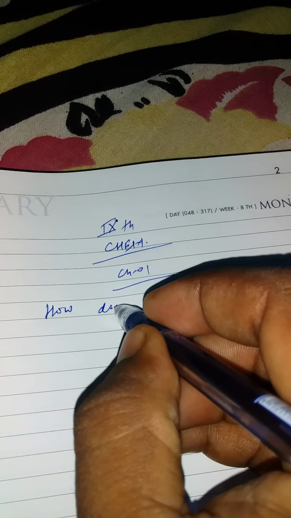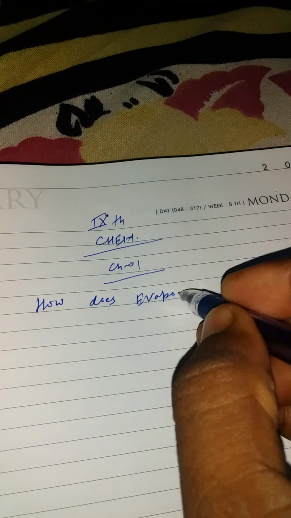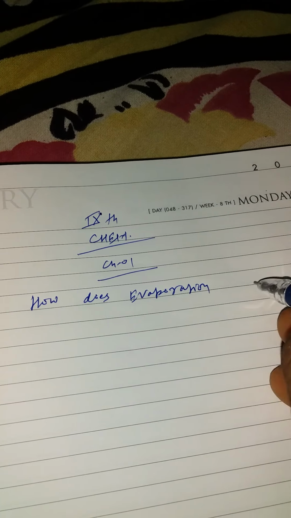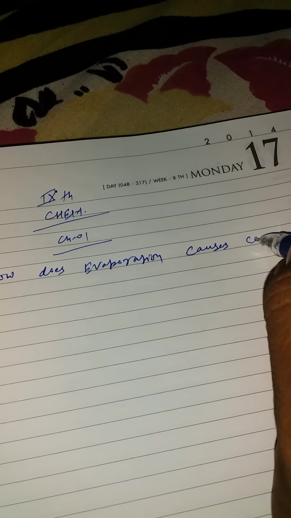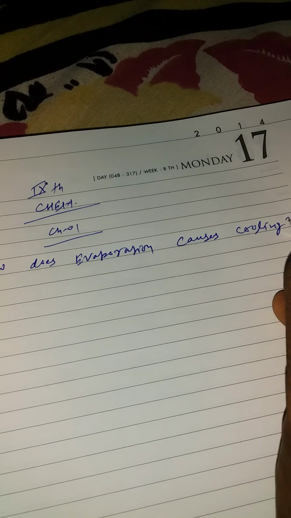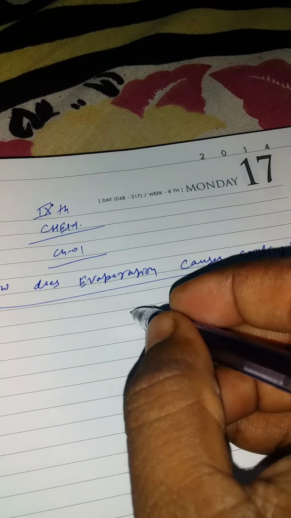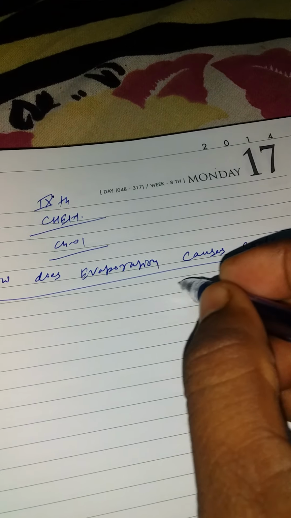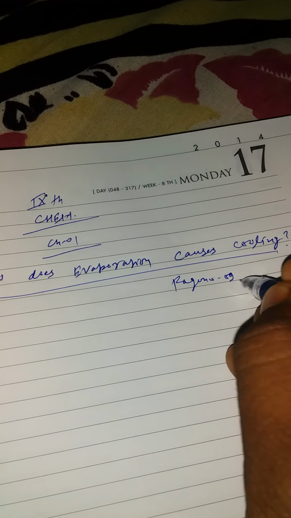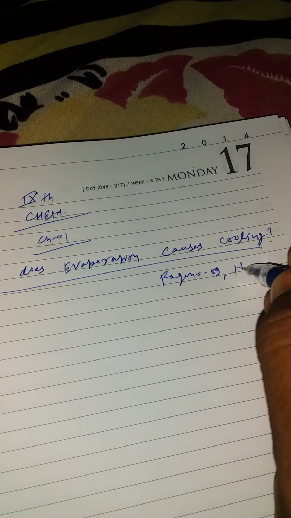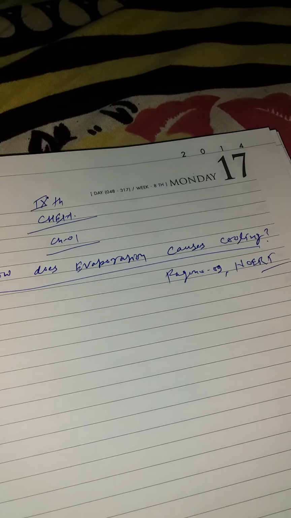Our next topic of this chapter 1: how does evaporation cause cooling? It is given on page number 9 of the NCERT book.